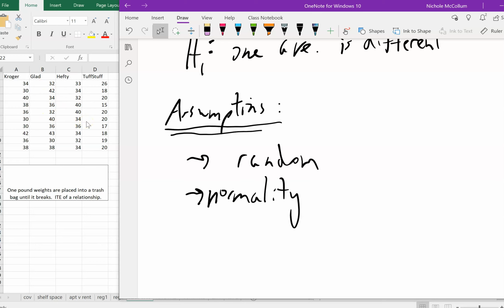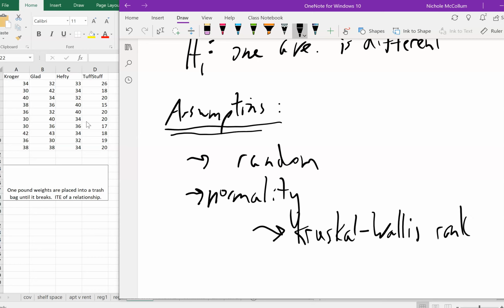I'm not sure. If we really wanted to check this and we were worried about it, there is an advanced test called the Kruskal-Wallis test. That's only if you're really worried that you don't have normality. The Kruskal-Wallis is really if you're worried about normality failing.